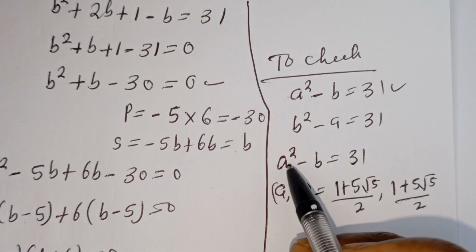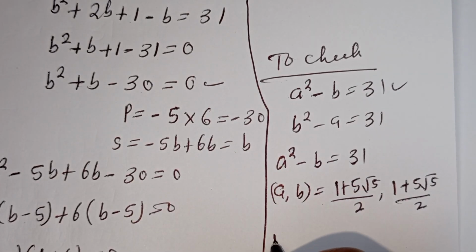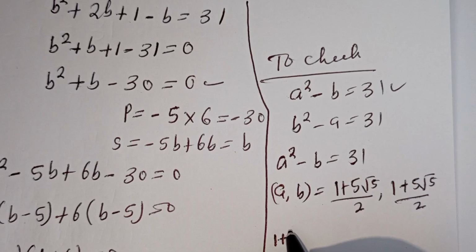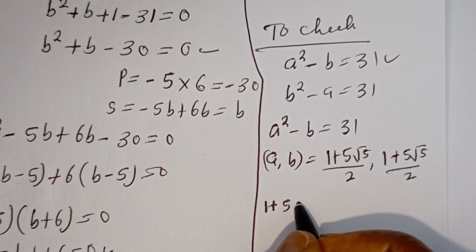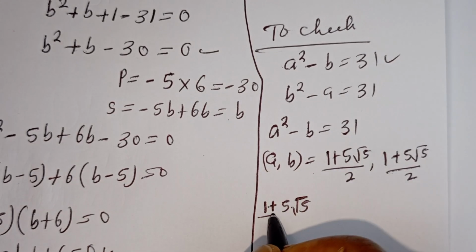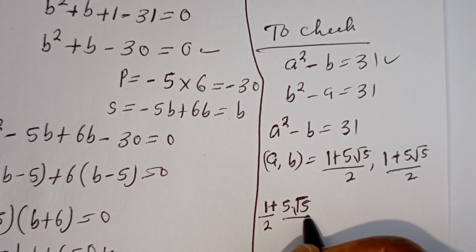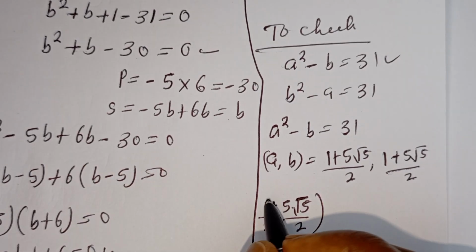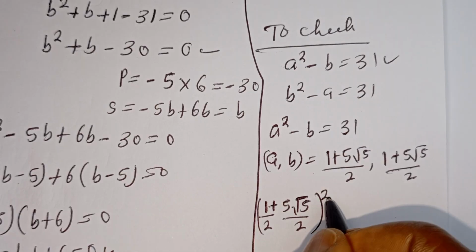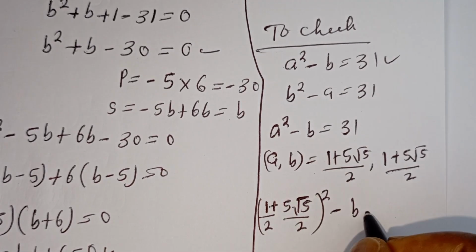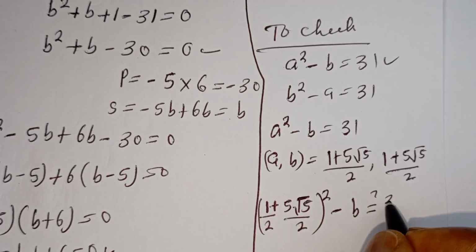Then let's substitute here. We have 1 plus 5 root 5, over 2, all squared, minus this b, must be equal to 31.